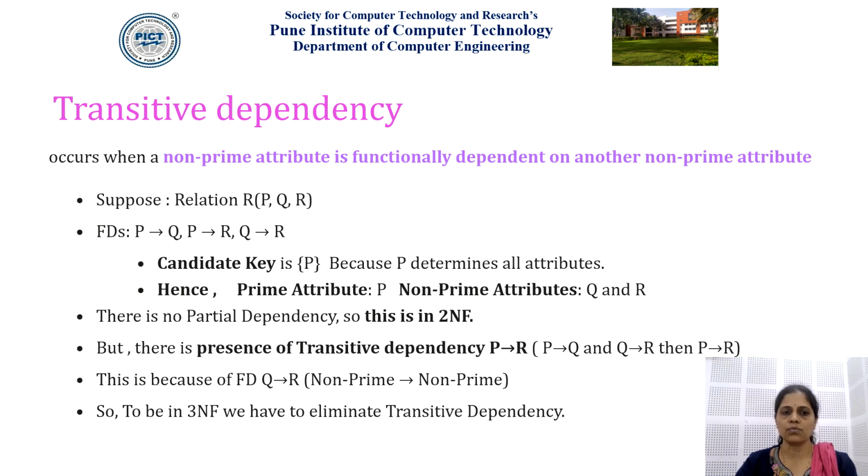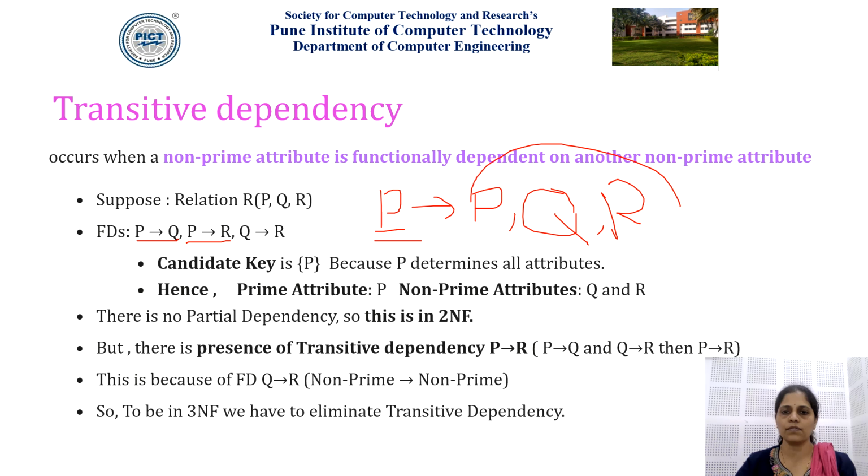P determines Q. P identifies itself, and because of this functional dependency, it identifies Q. And because of this functional dependency, it identifies R. So in turn, P identifies all the attributes of the relation, that is P, Q, R. Hence, I can say that P is a candidate key of this relation R. If you see the other two attributes, Q and R, they do not determine all the attributes of the relation.